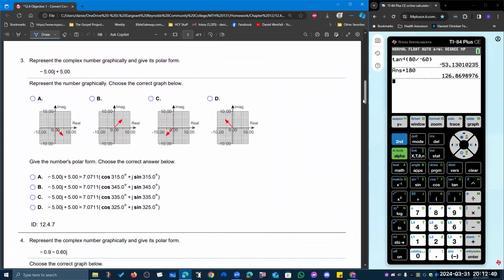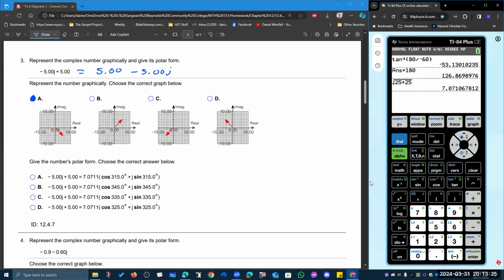Let's represent this complex number graphically. Watch out that they didn't write it in its correct form here. It's like this, where it's a positive x and a negative y, so it's in quadrant 4. So it's this one. The square root of 25 plus 25 is 7.0711.